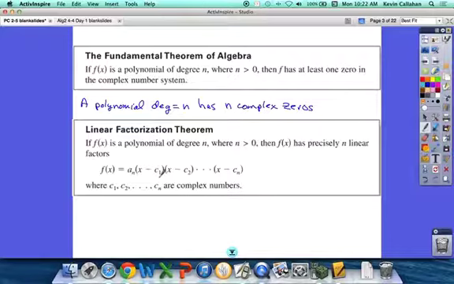C1. C1 minus C1 is 0. That's why C1 is the zero itself. The linear factor is x minus the zero, x minus C1. So put all this together, and for a polynomial of degree n, you expect n complex zeros.